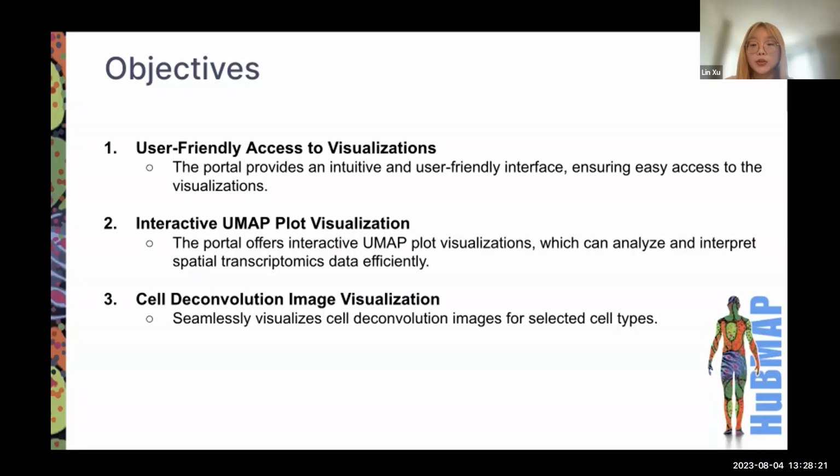And people can also use it to analyze and interpret the spatial transcriptomic data efficiently. And one of the highlights of our portal is the seamless visualization of cell deconvolution images for select cell types. This feature will allow users to understand the relative predicted expression level of different cell types within the same sample.